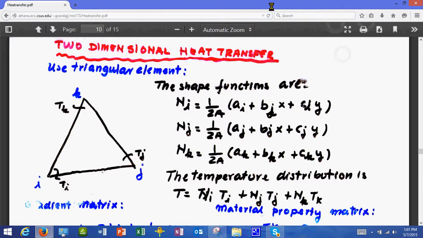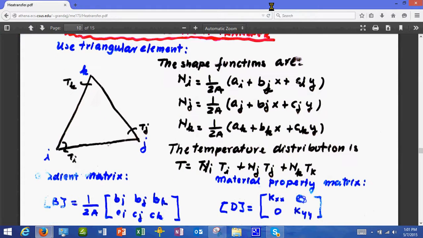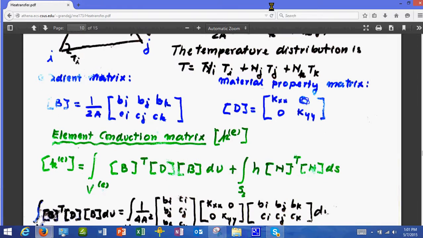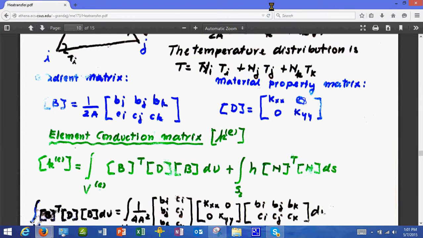Okay, in here, remember the shape functions, how they were? That's n sub j and n sub k and n sub i in there. And we define all these matrices in chapter 7, right? No, chapter 5, I believe.